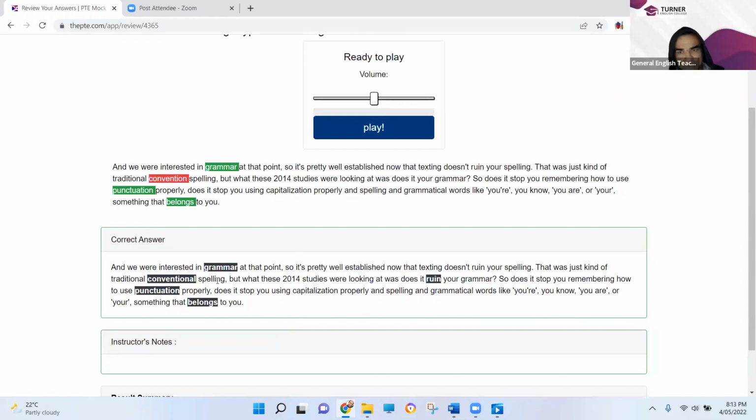So conventional and very good. That's ruin. Does it ruin? Excellent. All right. Are you ready for another round? Yes. And we are not drinking, okay? We are just doing fill in the blanks. Okay, let's go.